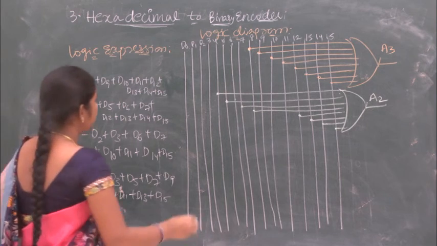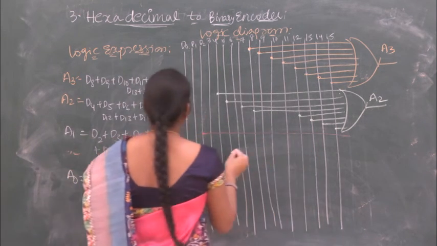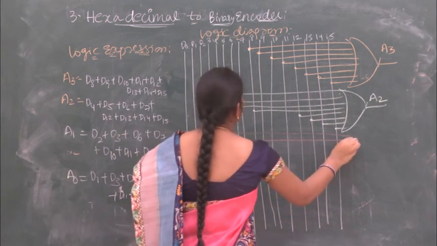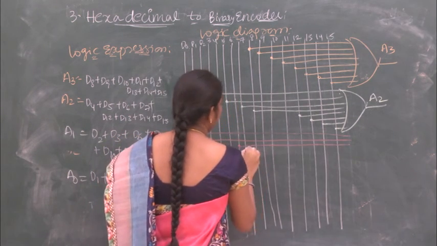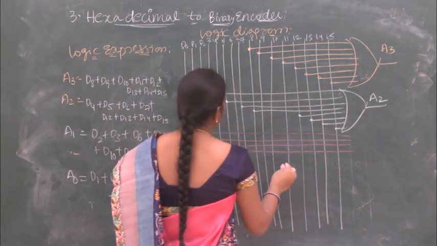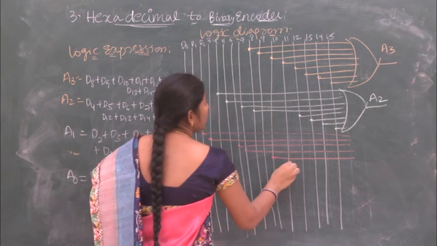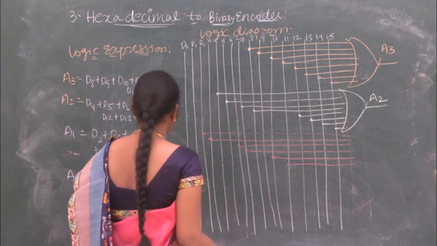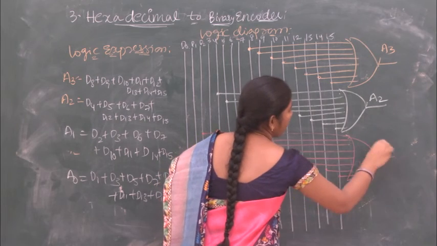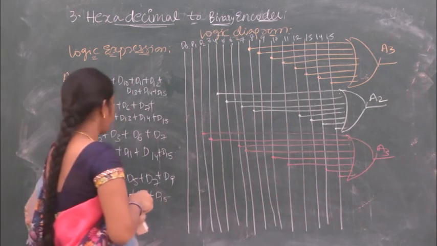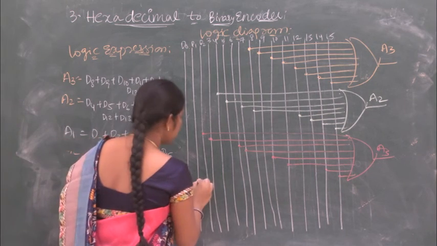A1 is D2, D3, D6, D7, D10, D11 and D14, D15. So give it to one OR gate to get A1. A0 is D1, every alternate.